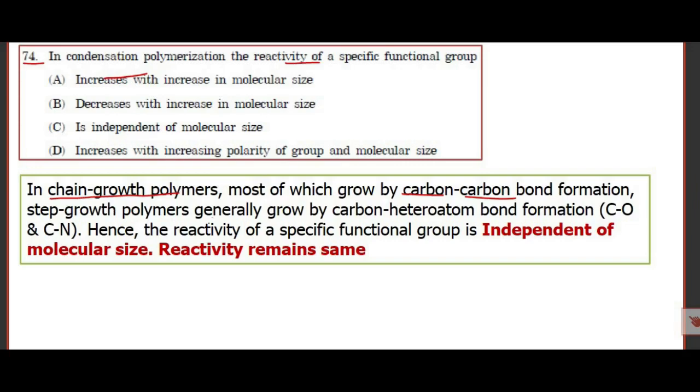Step growth polymers generally grow by carbon heteroatom bond formation, that is CO and CN. Hence, the reactivity of a specific functional group is independent of the molecular size. Reactivity always remains the same. Hence, it will not increase or it will not decrease, and the option D is also wrong. Hence, option C is correct. It is independent of molecular size.